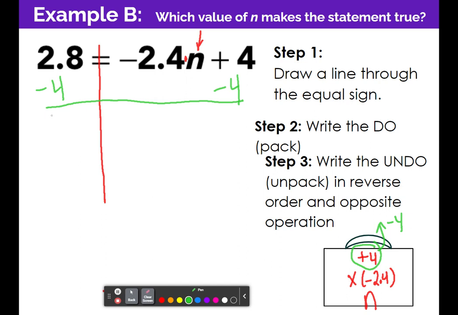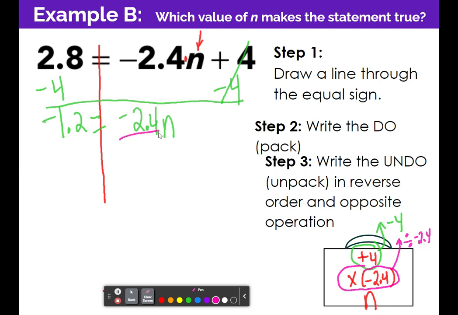So then you're going to use Desmos or your calculator. You're going to do 2.8 minus 4, and that gives you -1.2. And on this side, we're still left with our -2.4 times n. Remember, this gets canceled out, but not that -2.4. Not until I do the opposite of timesing a -2.4, which is dividing by a -2.4.